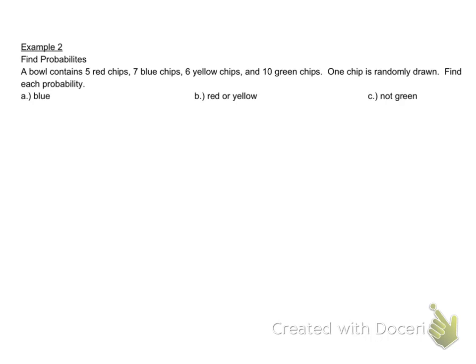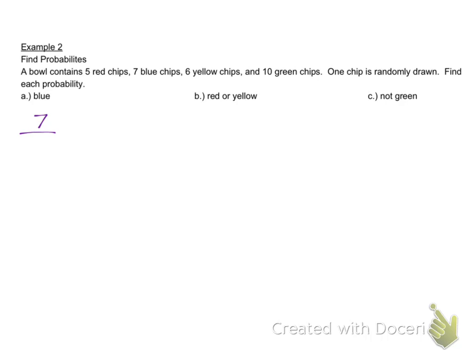So again, remember, probability is favorable to total. How many of them are blue? How many blue chips do we have in the bowl? 7. How many total chips are in the bowl? That's 5 plus 7 plus 6 plus 10.